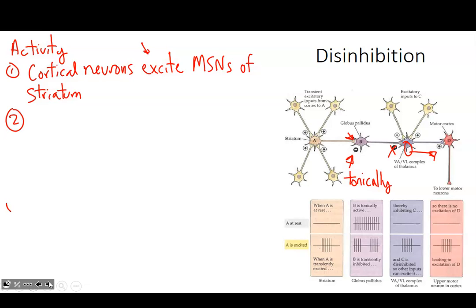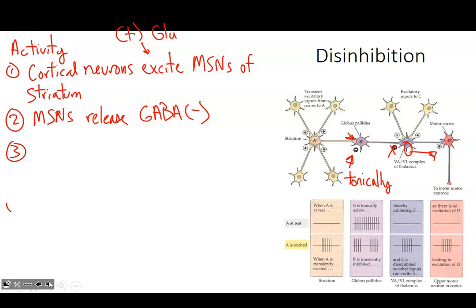So this synapse here was excitatory, mediated by glutamate. The medium spiny neurons, though, release GABA, right, which is an inhibitory neurotransmitter. And so what this does is it inhibits the tonic output of the globus pallidus.